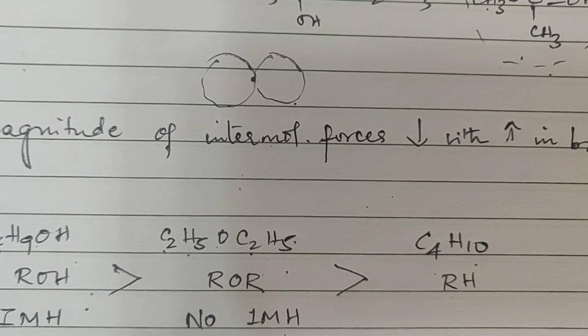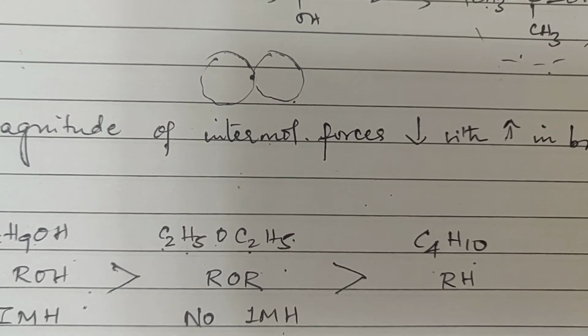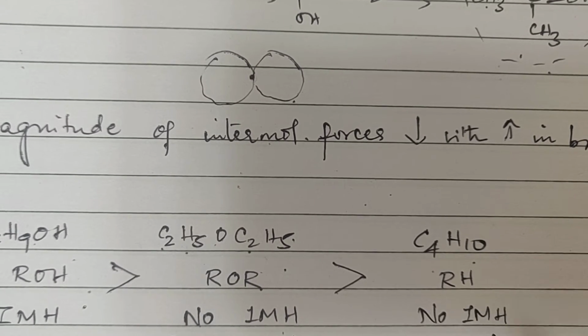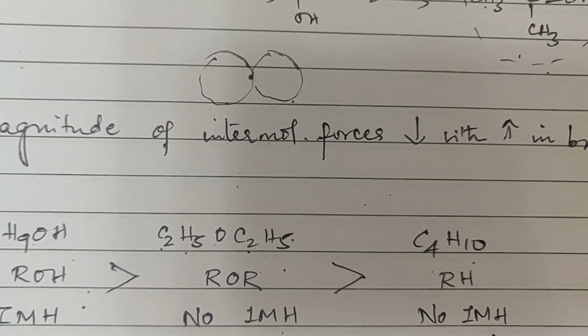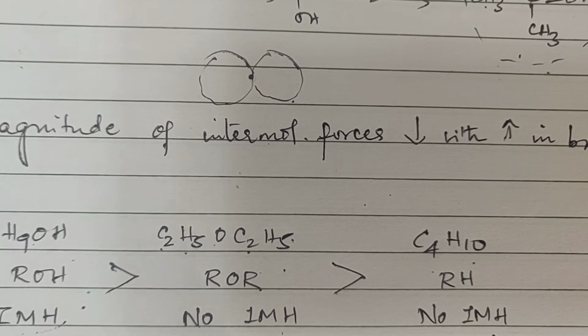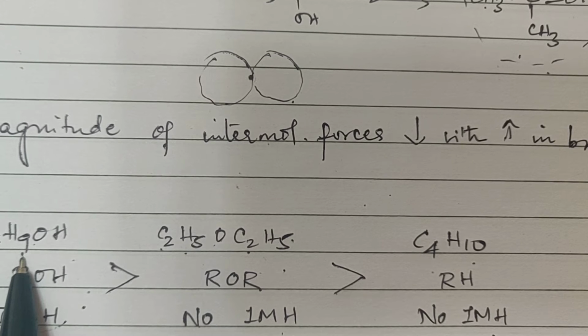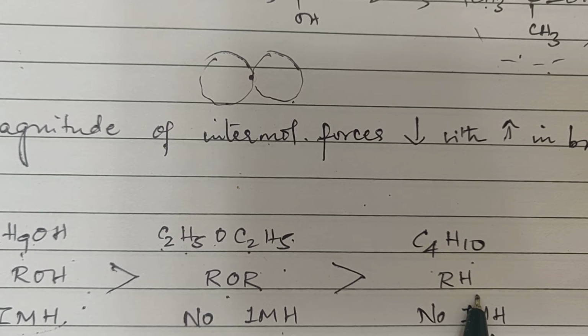Here also polarity is there, but here the polarity is less, and this is totally non-polar, and there is no intermolecular hydrogen bonding among alkanes as well. So the magnitude of attractive forces is deciding the boiling point. Since there are intermolecular hydrogen bonding and also polarity, you will find the boiling point of alcohol much higher than that of ether and much higher than that of alkane.